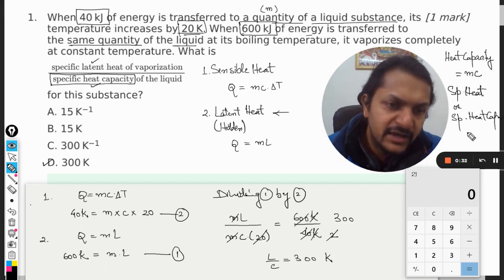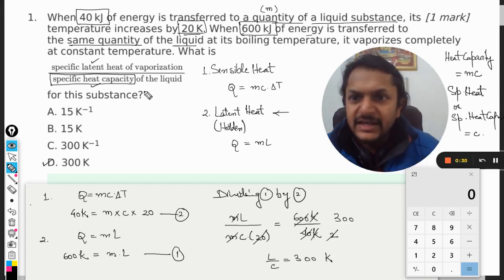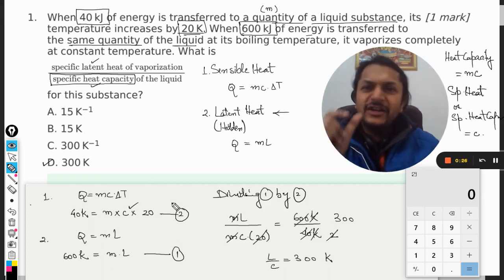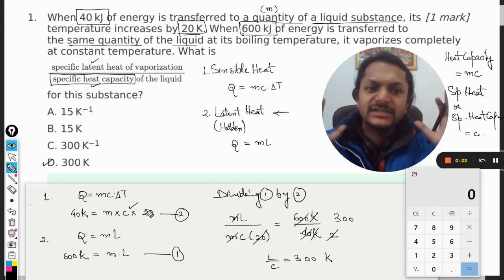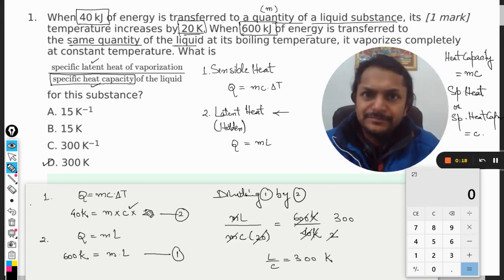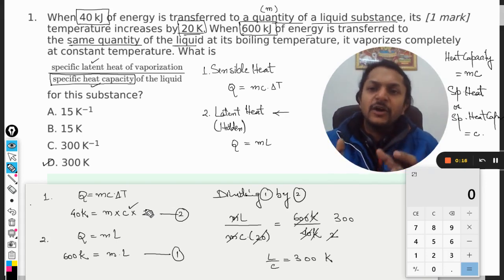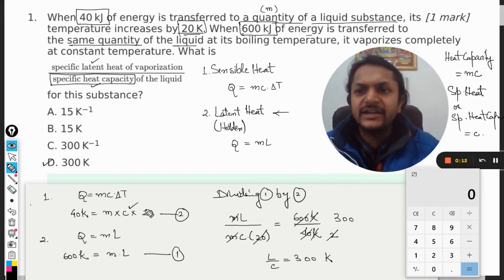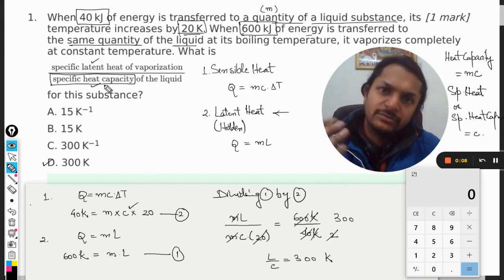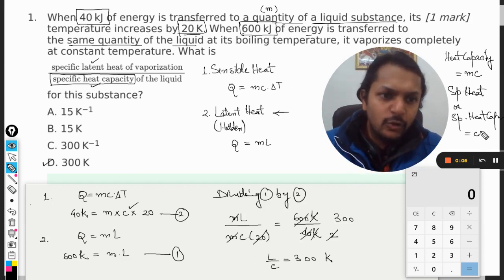Specific word means that you are dividing something by mass. When you divide something by mass, you call it specific. Okay, so this is how we do it generally. It's not like every time we do that, but generally it is correct that whenever we say specific, we divide the equation by mass. So we are only talking about c.